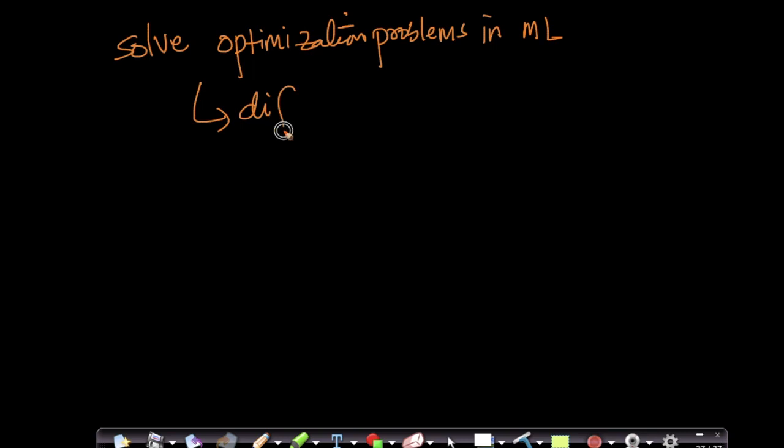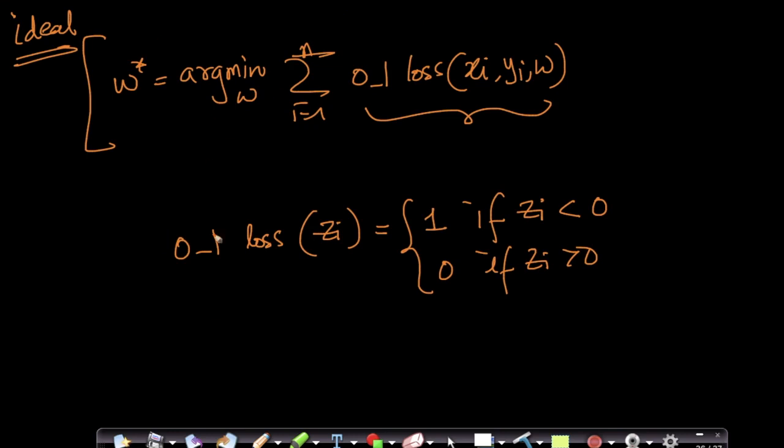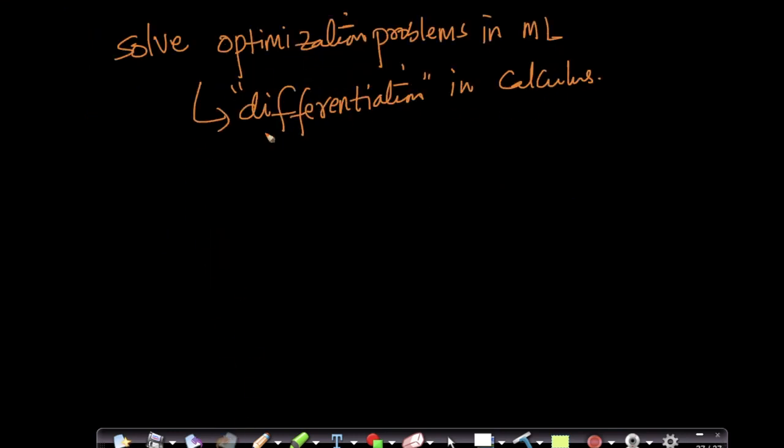Very specifically, we will use differentiation, the simple differentiation that we learned in our 11th or 12th grade or undergraduate mathematics. We will see how to solve these optimization problems in the next chapter.